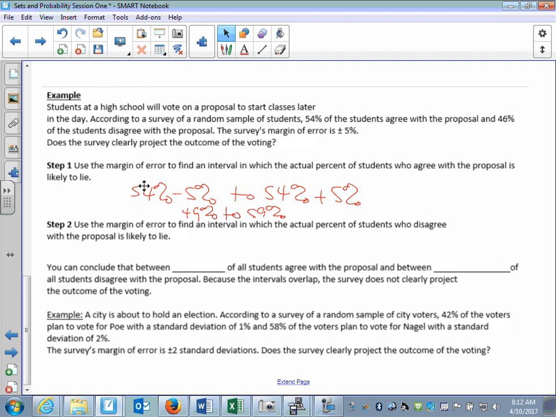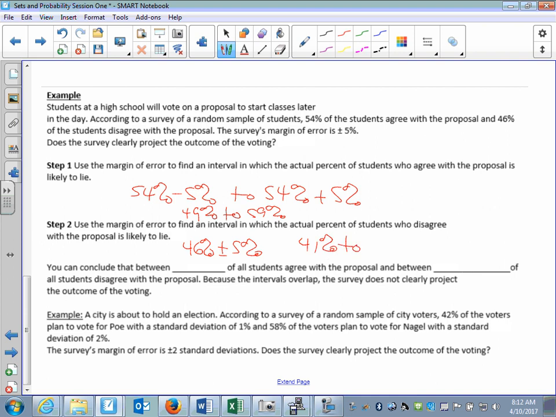Okay, so 46% disagree with the proposal, and that was plus or minus 5%. So if we subtract 5% from 46, we get 41% as the low end, and if we add 5% to 46, we get 51% as the high end. So the percentage of students that disagree with the proposal probably lies someplace between 41% and 51%.